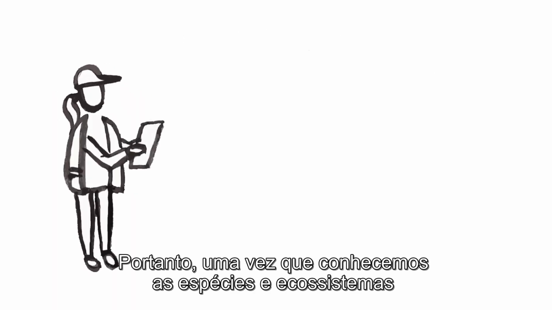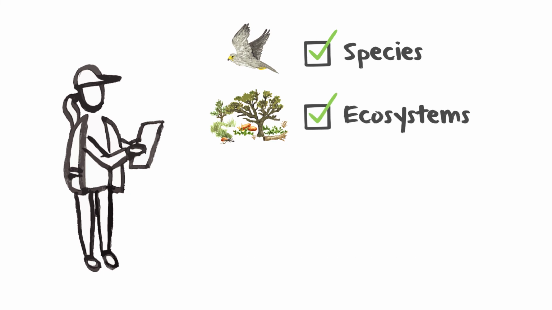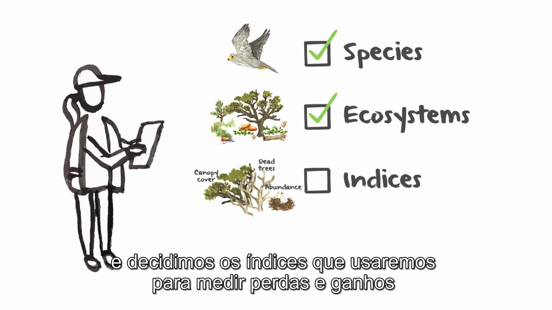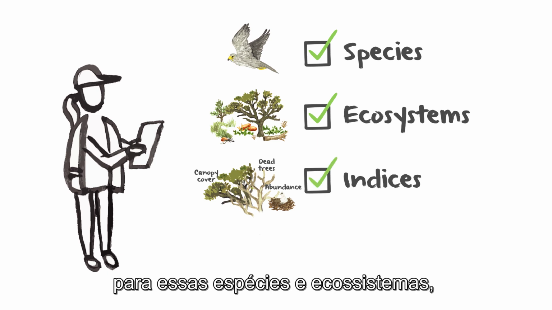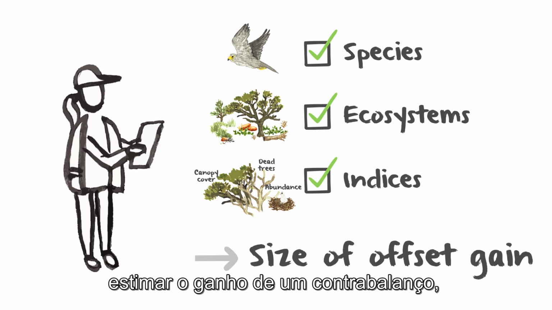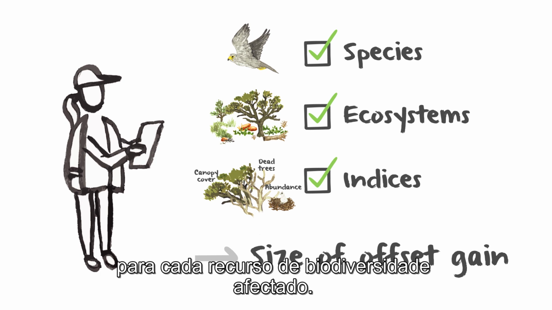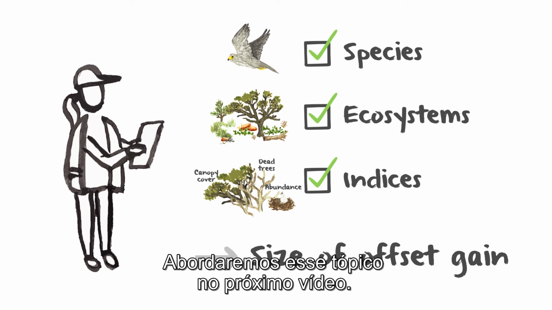So, once we know the species and ecosystems that we need to offset impacts upon, and we have decided on the indices we will use to measure losses and gains for each of those species and ecosystems, we can move on to the next step, estimating the size of an offset gain so that we can compare it to the size of the loss for each biodiversity feature that is affected. We'll cover that topic in the next video.